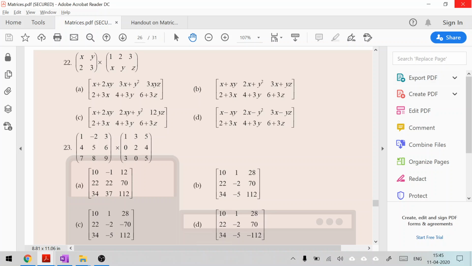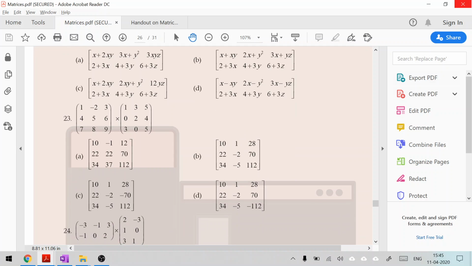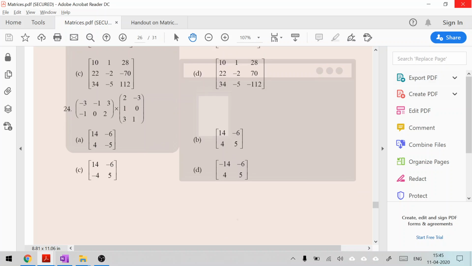So you can multiply and try question 22 by yourself. Similarly, question number 23: the number of rows is 3 and the number of columns is also 3 in the first matrix, and the second one is also 3 by 3. So the number of columns of the first one is equal to the number of rows of the second one, so it can be multiplied. This can be tried by you.